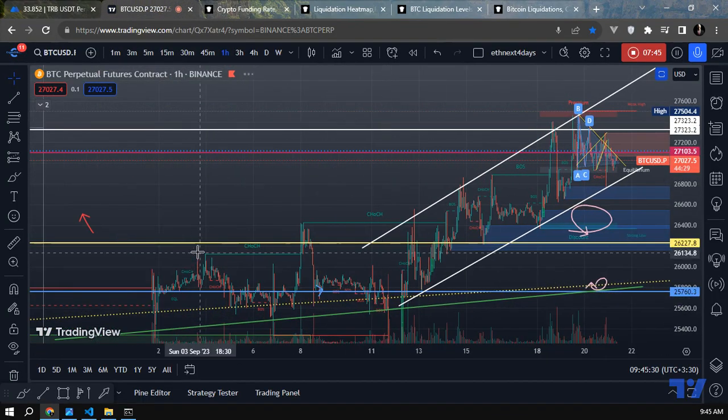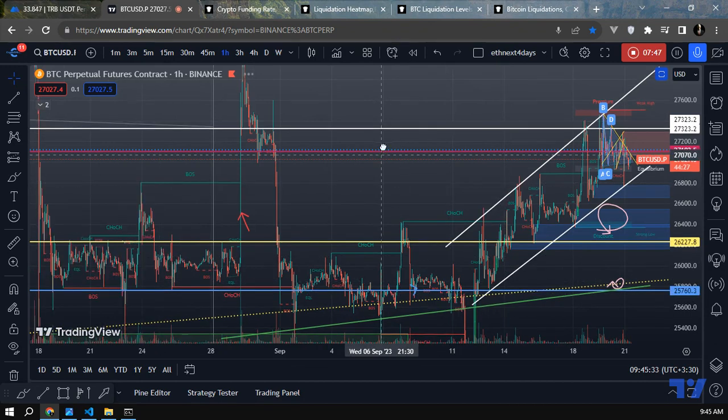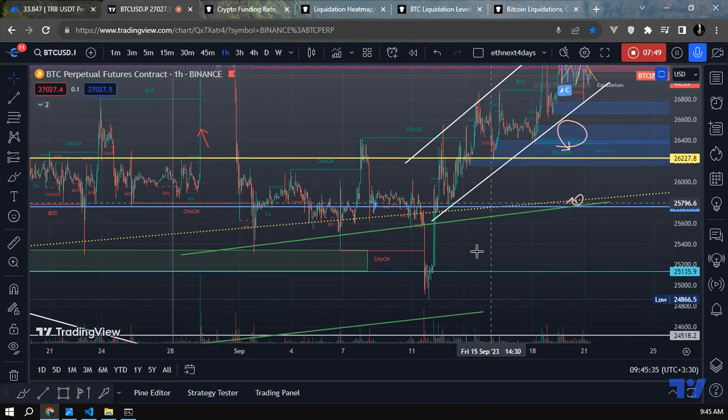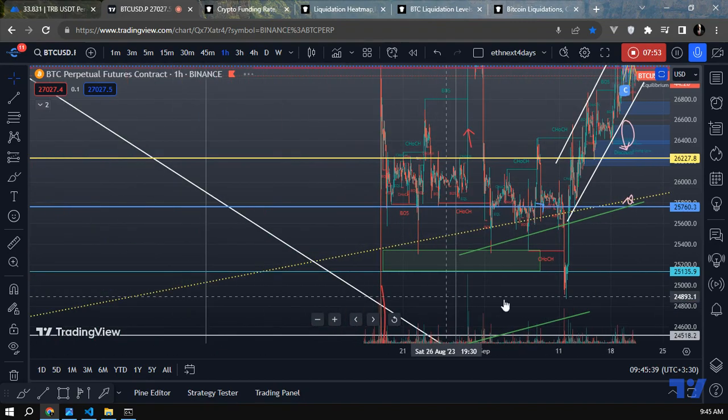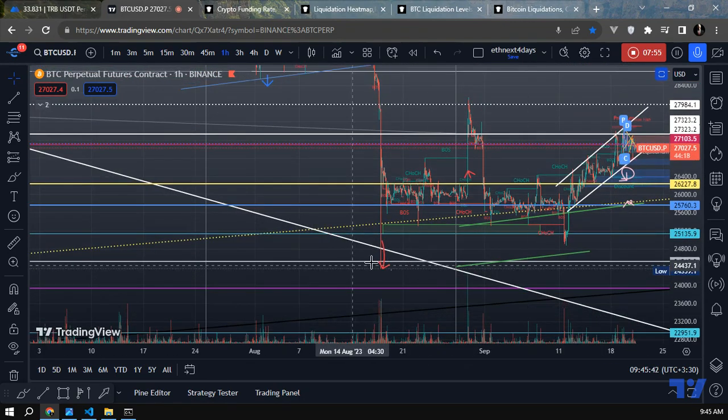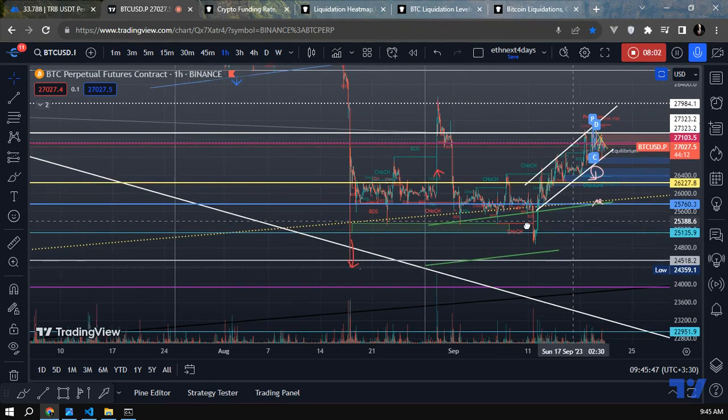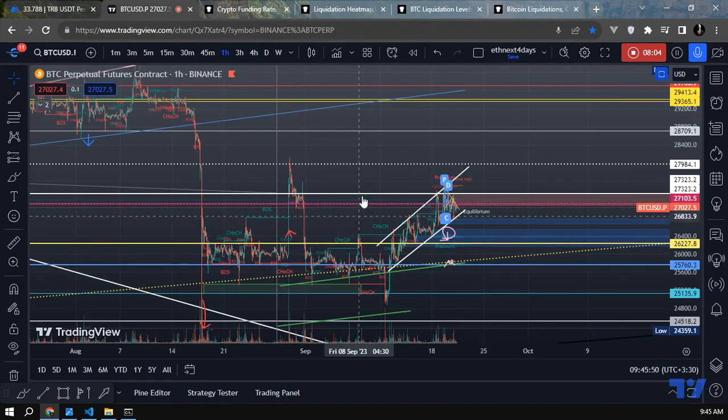One thing to mention, from the start of this pump, which was essentially around 24.8, we touched 24.3, and we got it at 24.8. Obviously, there was another pump at 24.8, as you guys remember, when we went to that 31K.